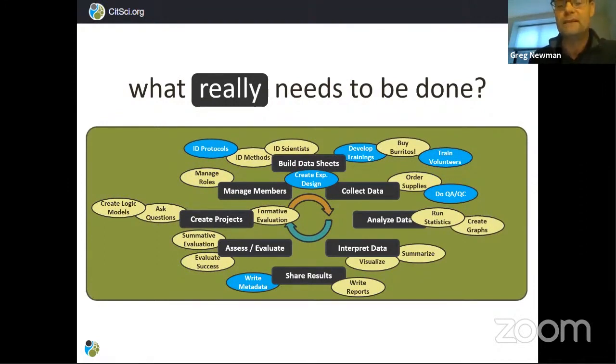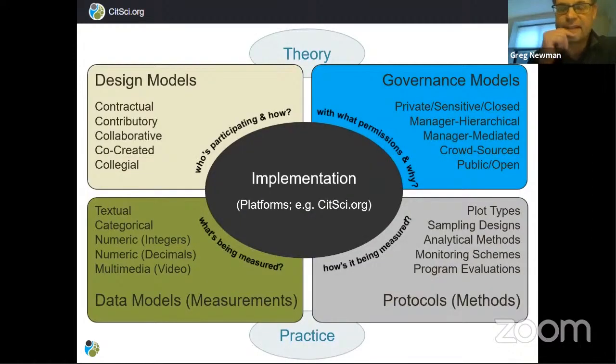That's certainly one means through which we can gain better quality data from citizen science projects. Don't forget to buy burritos, right? We've got to buy burritos and feed our volunteers and keep them happy, meeting Maslow's hierarchy of needs, and train those volunteers, order supplies, perform quality assurance, quality control, run statistics. You get the idea, write reports, do data visualizations. There's a lot that needs to be done in citizen science.